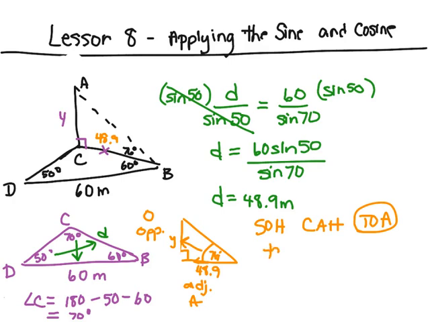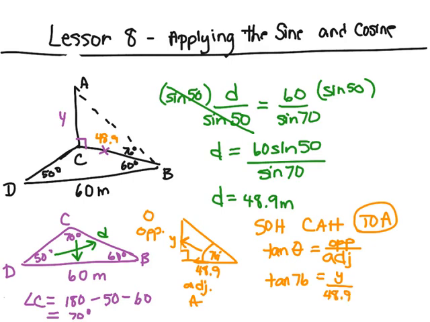So the tan of our angle is equal to the opposite over the adjacent. Our angle is 76 degrees, so tan of 76 is equal to our opposite side, which we don't know, which is Y, over our adjacent side, which is 48.9.